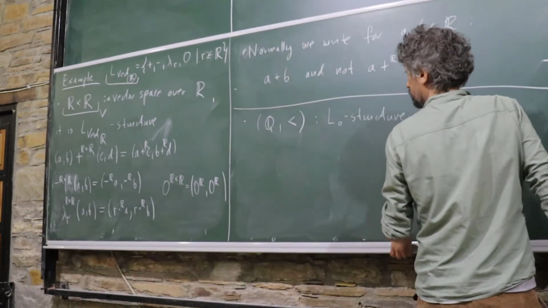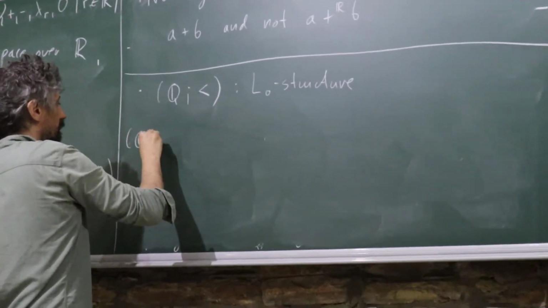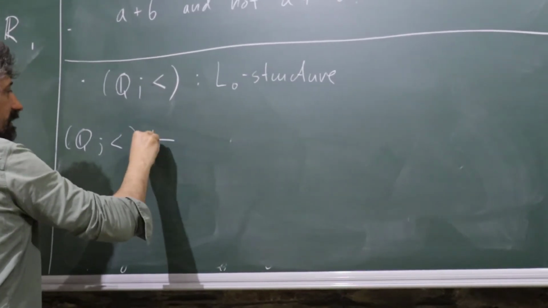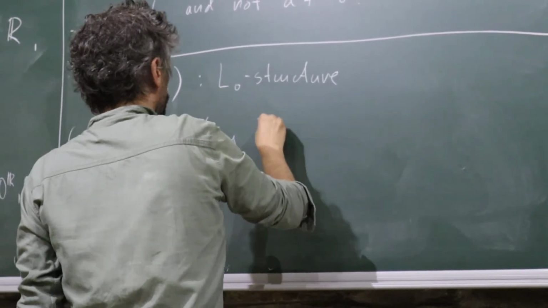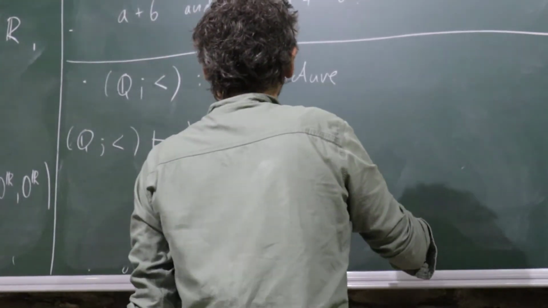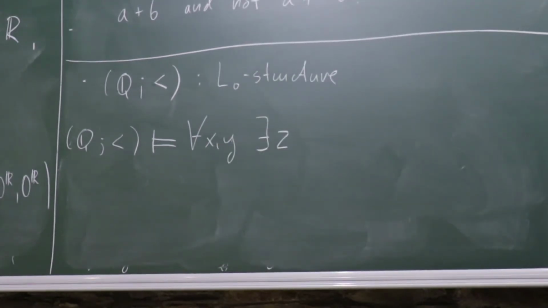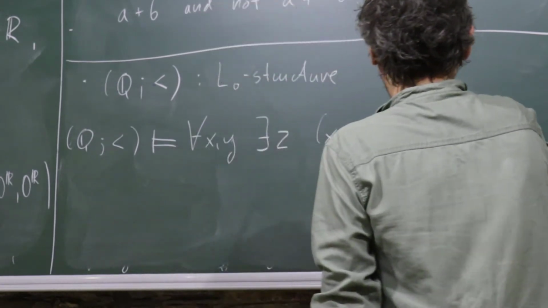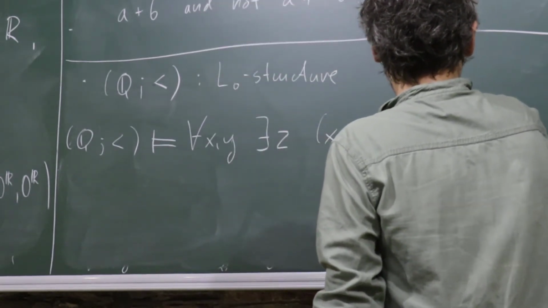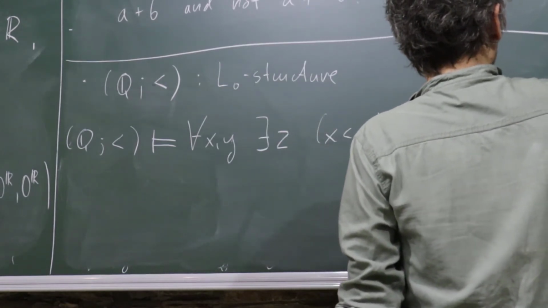And I'm just going to write a sentence which it satisfies: for each x, y, there is z such that if x is smaller than y, then x is smaller than z, and z is smaller than y.